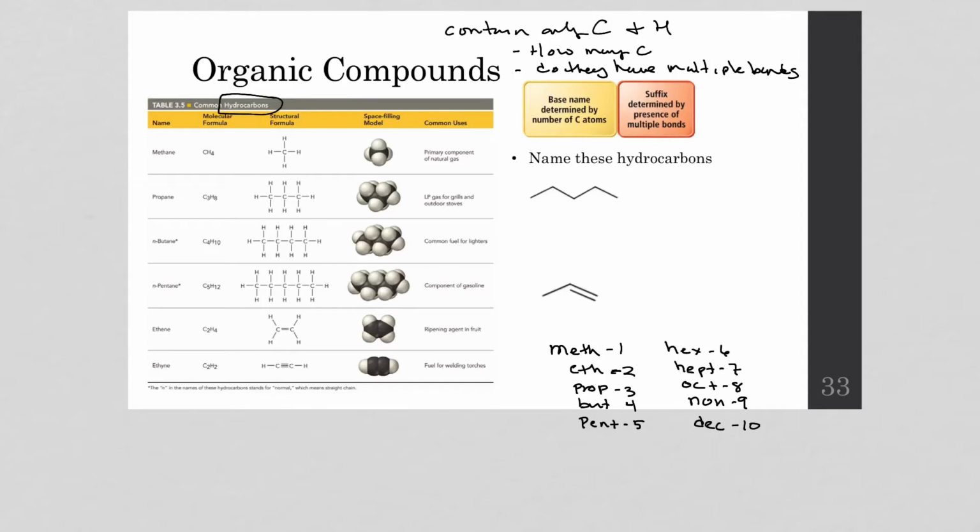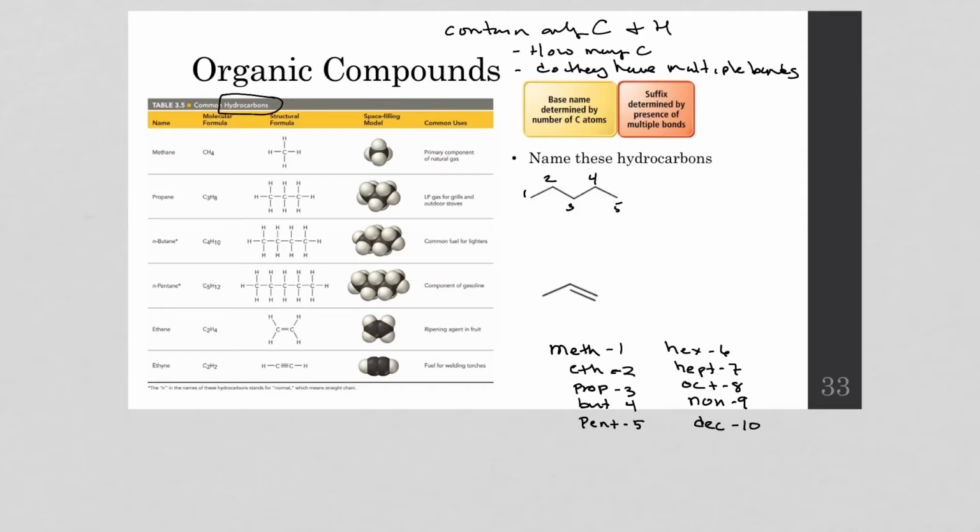Another thing that we might get used to is that a lot of times when we write out these hydrocarbons, we use a lot of shorthand. We simply write out the carbon chain. Each of these points of the line, so here, here, here, here, and here, represents a carbon atom. We also don't show any of the hydrogens.